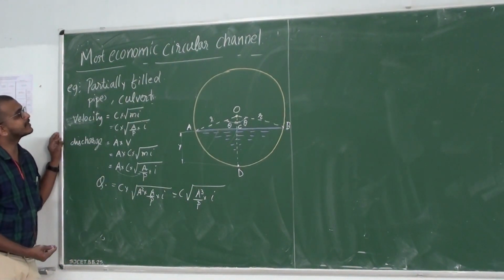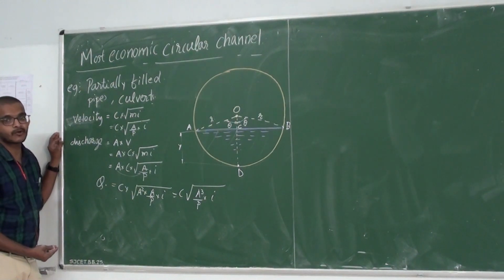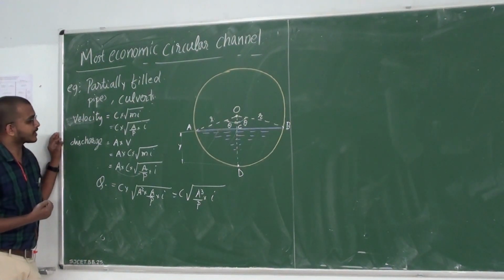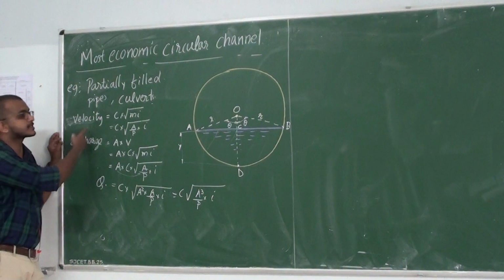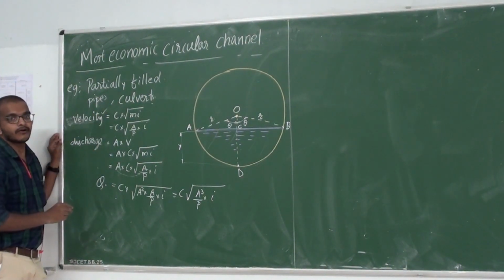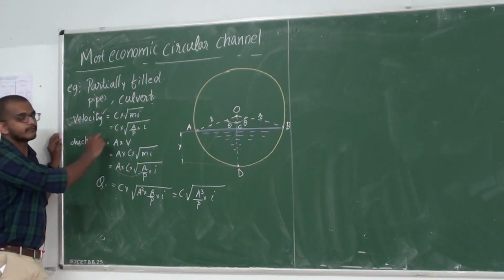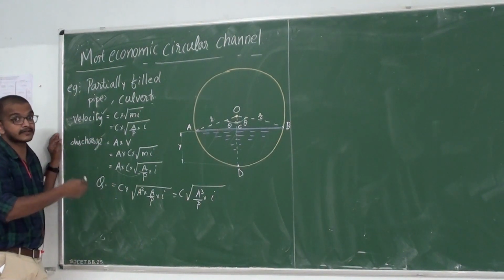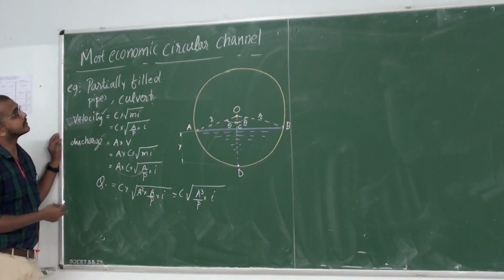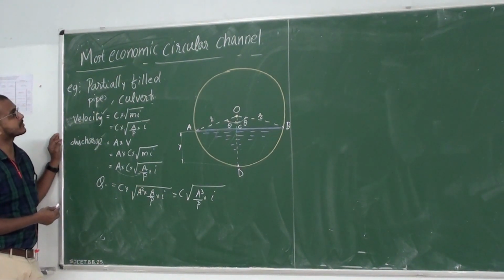So, we can make the circular channel most economical in two ways. That means we can optimize the channel for maximum velocity, or we can optimize the channel for maximum discharge. This is another difference from the most economic trapezoidal channel.